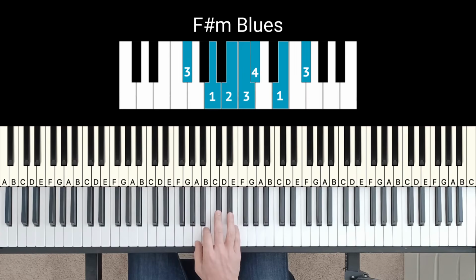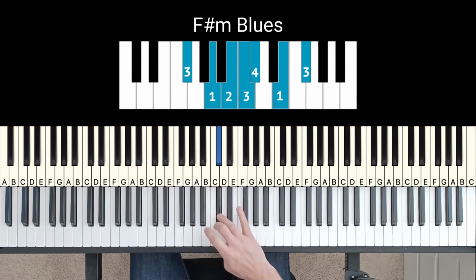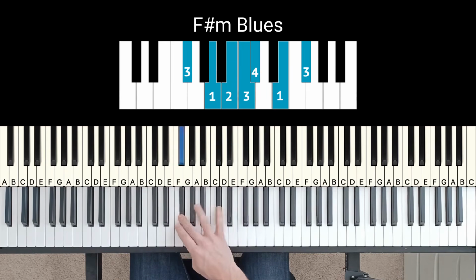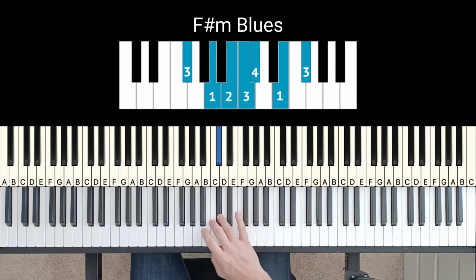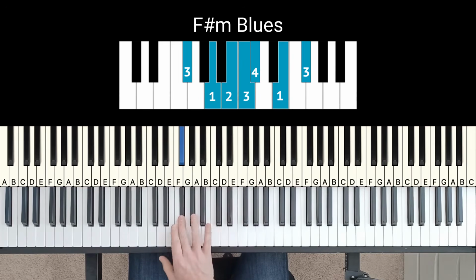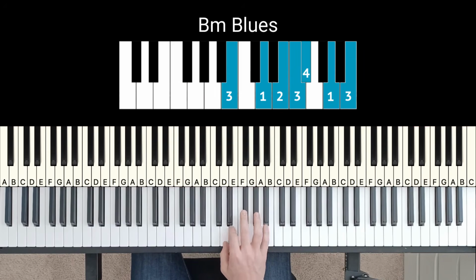So let's start in A, and then I find my relative minor, which is F sharp. Then I go up 2 octaves. Then I go to D and find my relative minor, which is B. And then 2 octaves.